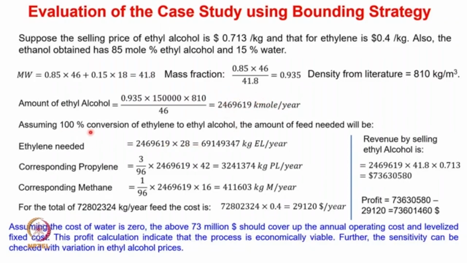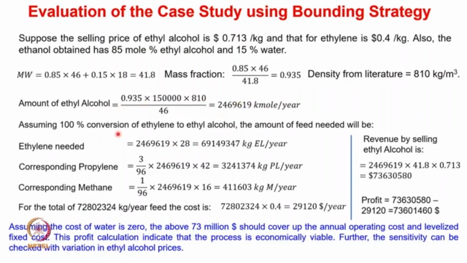So again, if we assume that this ethyl alcohol is obtained after 100% conversion of ethylene, in that case we wanted to find out how much ethylene is required. So this many moles are required for the ethyl alcohol.